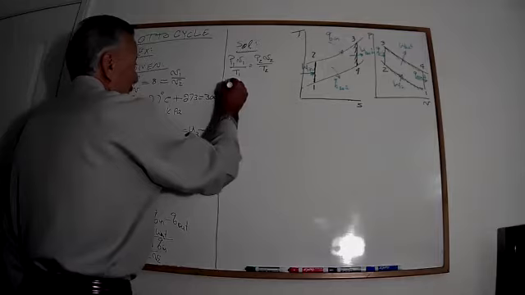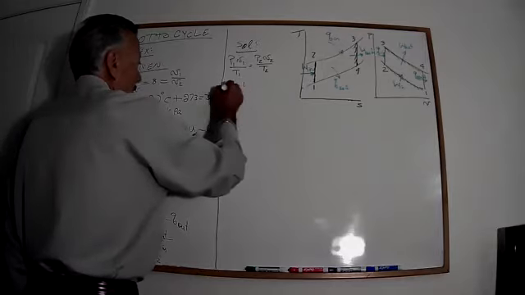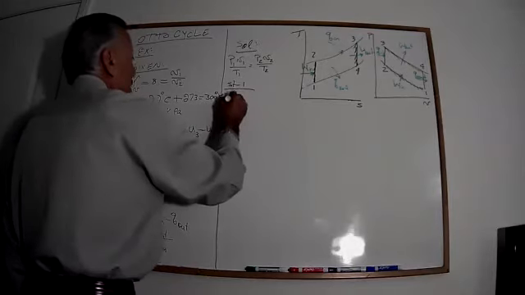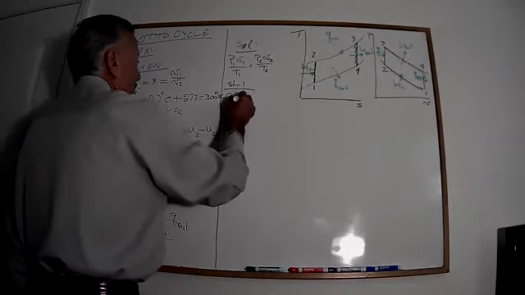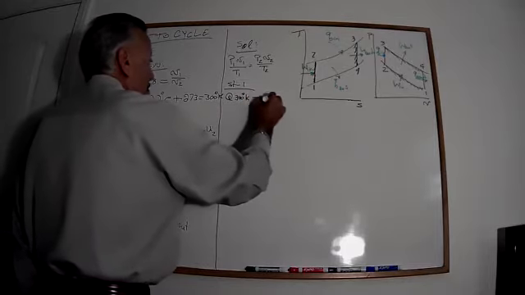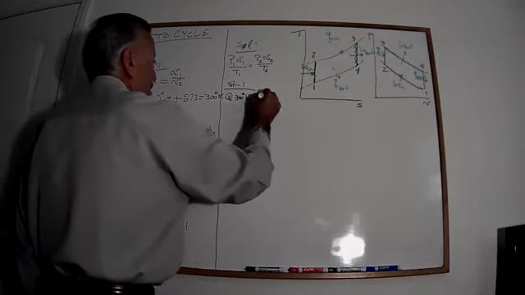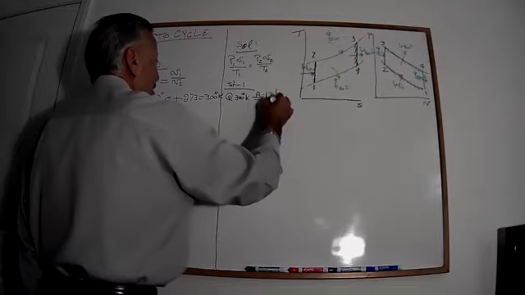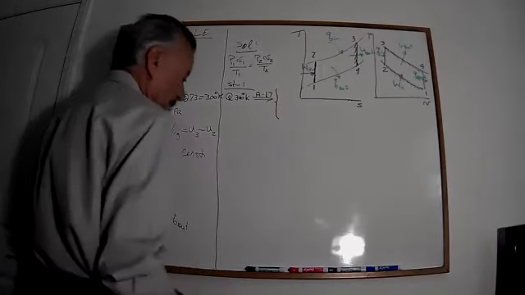So I got state 1 at 300 degrees Kelvin. I go to table A17. Please, if you have that, look it up.